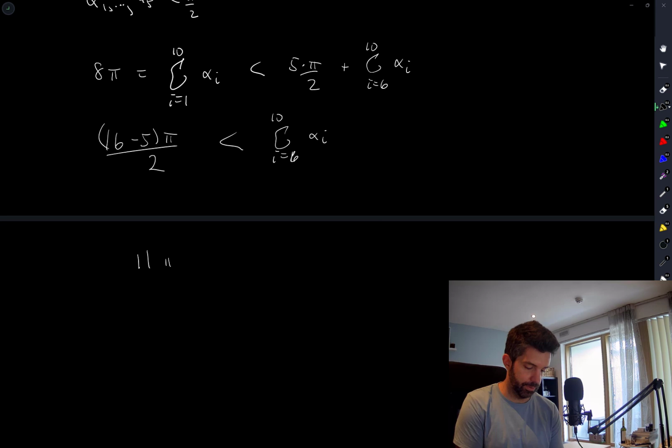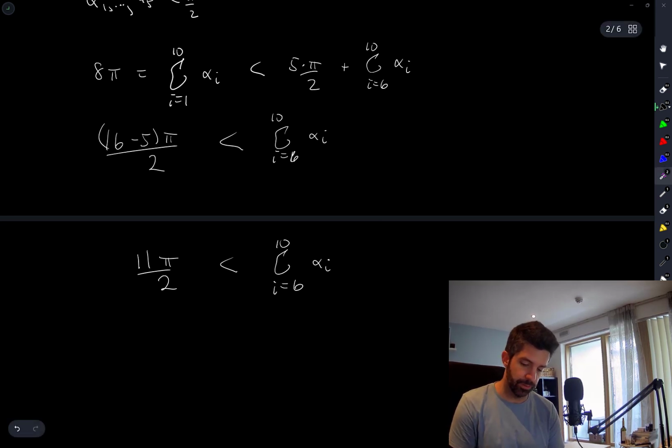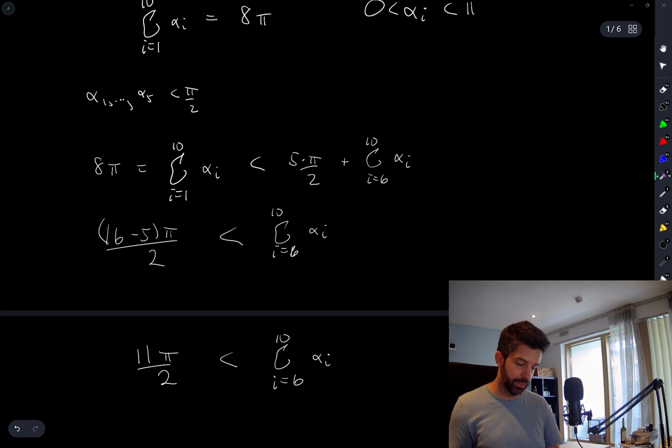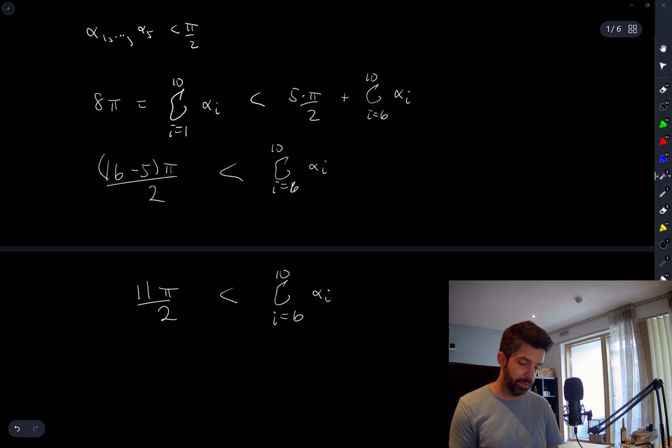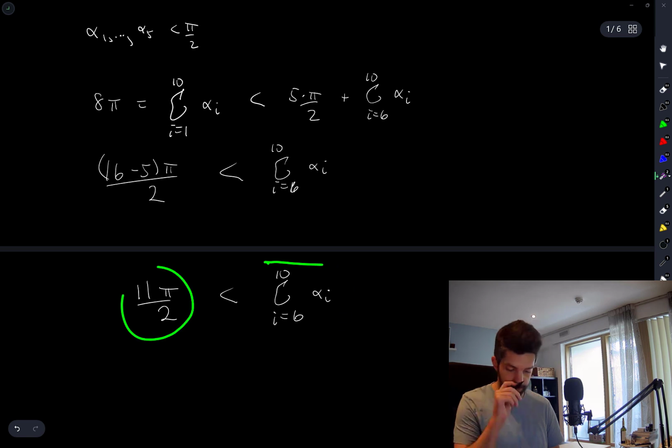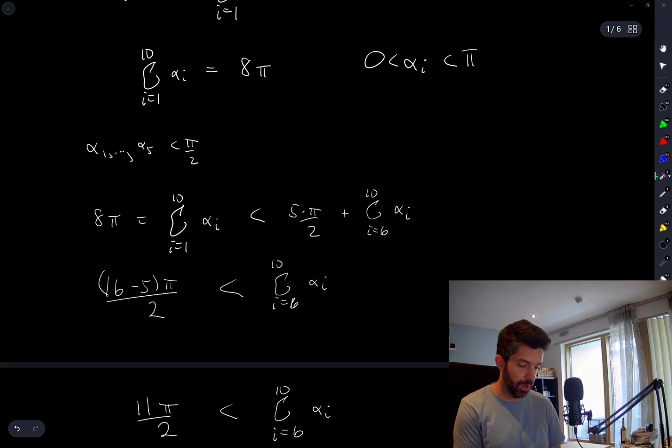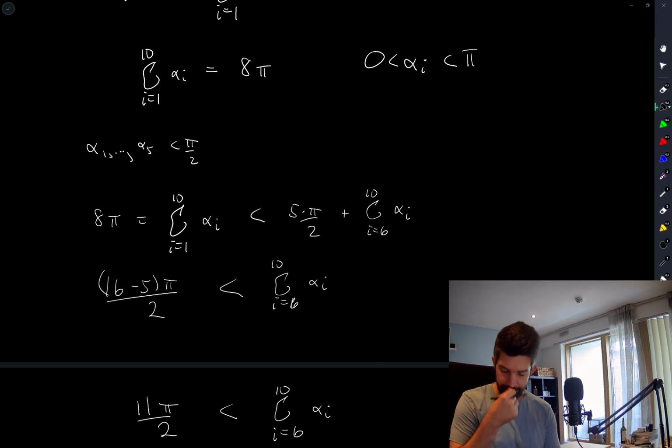So 11 pi over 2 is less than the sum, and this is a contradiction because the maximum value of these alpha i's is pi. So the maximum value of this is 5 pi, and this is greater than 5 pi. So it's not possible to have 5 acute angles in this convex tengon.